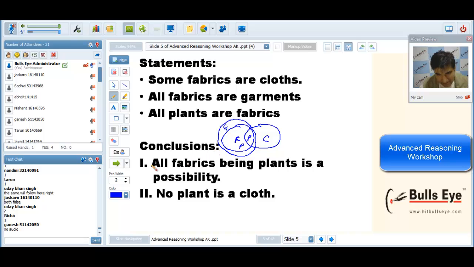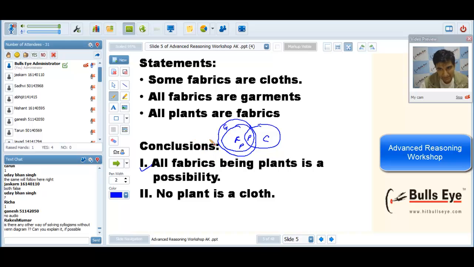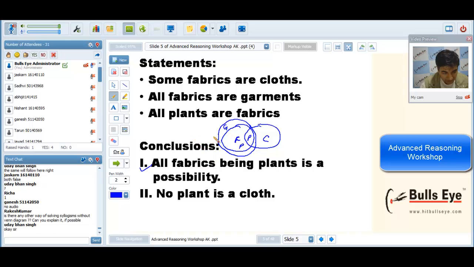Okay, people, the answer is first follows. Uday, the same logic we did in the previous question is applicable here also. When it says all plants are fabrics, I can also have a scenario in which a single circle of fabric also represents plants.